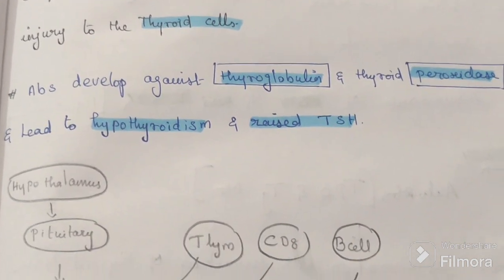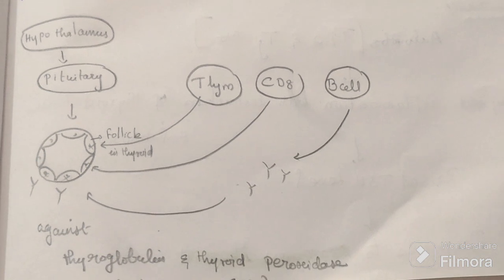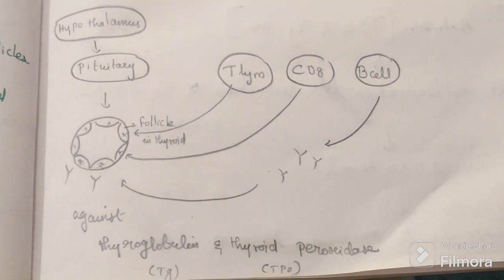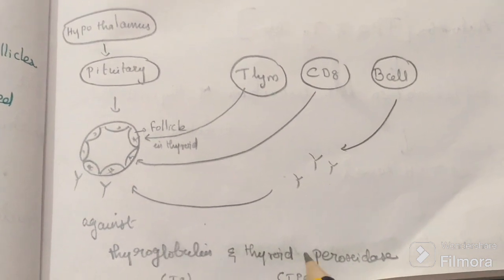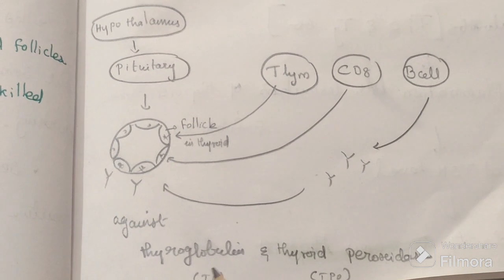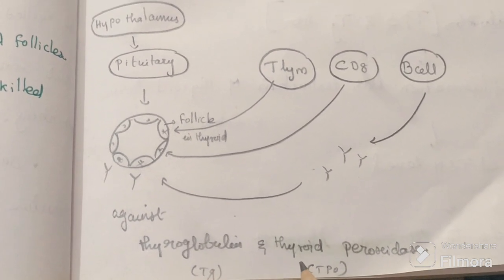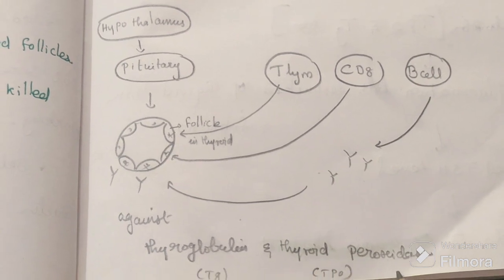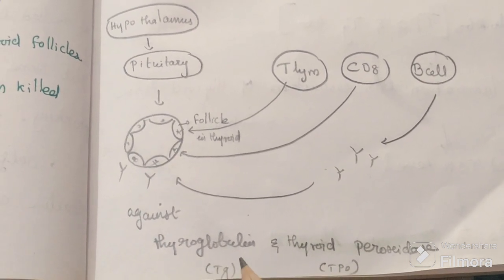Here, two types of antigen. What are the two antigens? One is thyroid peroxidase. Another one is thyroglobulin. So two types of antigens, thyroid peroxidase and thyroglobulin.